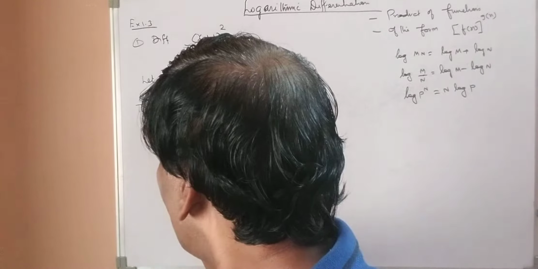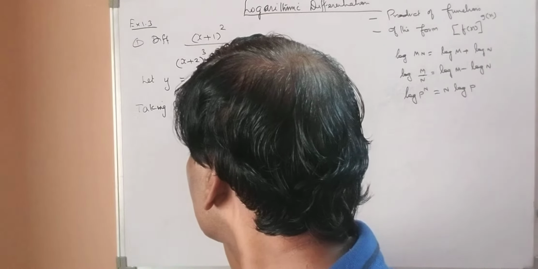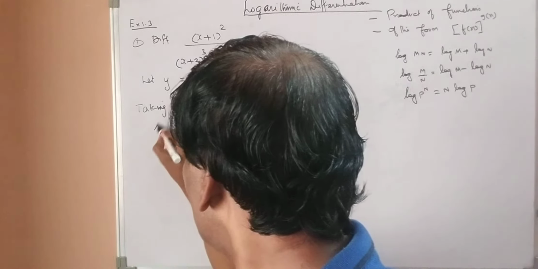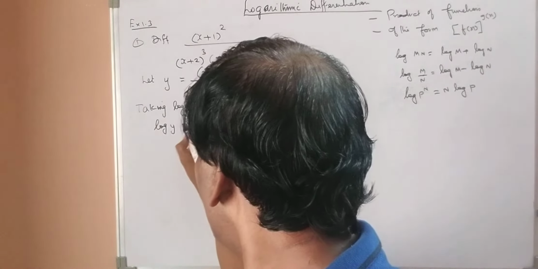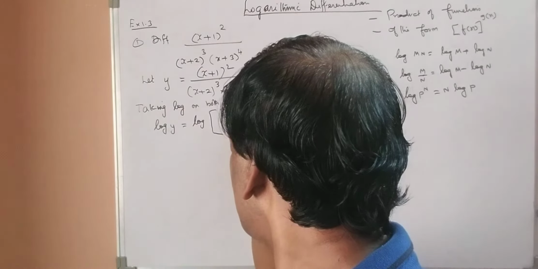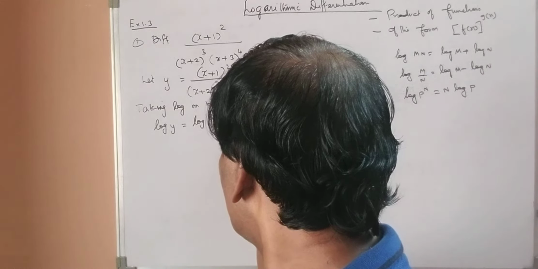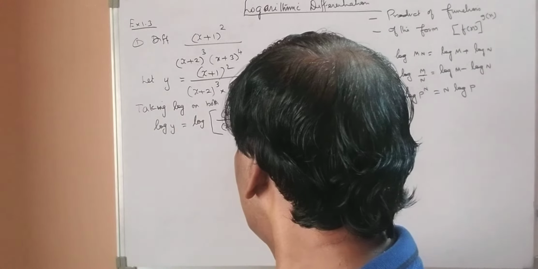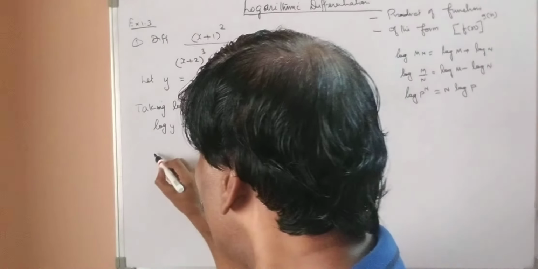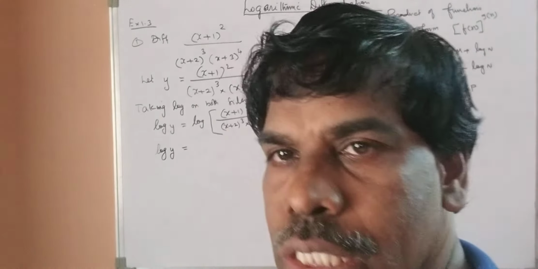Now taking log on both the sides, log of y equals log of (x plus 1) the whole square upon (x plus 2) the whole cube into (x plus 3) the whole raised to 4. Here only simplification is important, the remaining will be very simple.